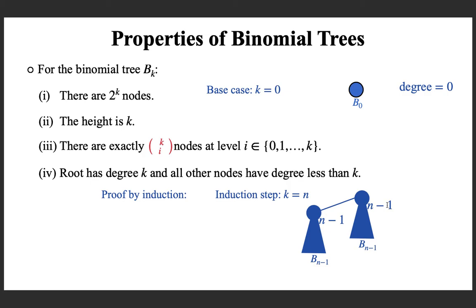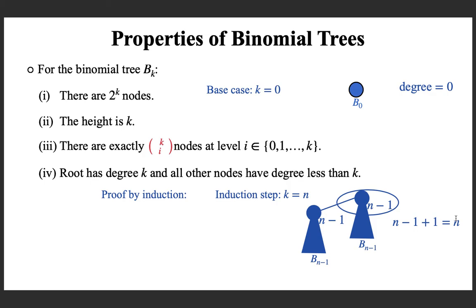Now the only change that you are making is that the degree of this node is increased by 1 because you now added this as a child of this node. So the maximum degree, which is this root node, is n minus 1, the original degree, plus the newly added child node contributing 1, and hence it is n.